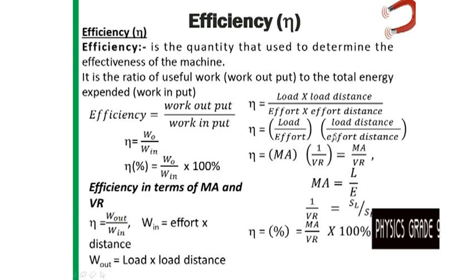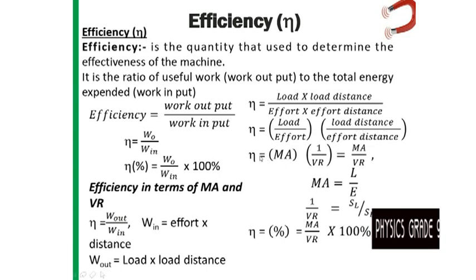And also, if you remember, the velocity ratio is written as the effort distance divided by the load distance. Now, you can probably see why load distance over effort distance would be equal to 1 over the velocity ratio, because we've just inverted load distance and effort distance here.